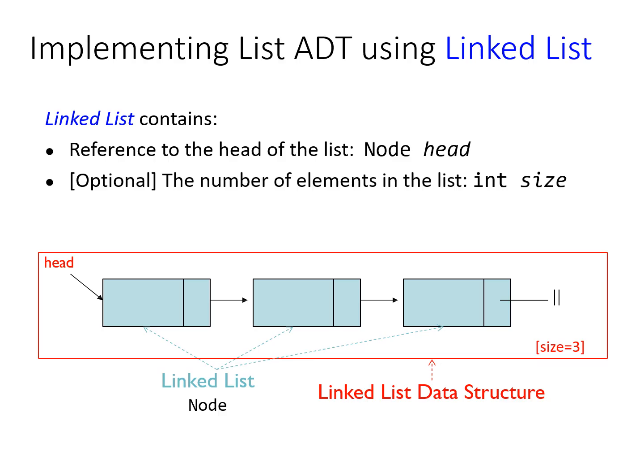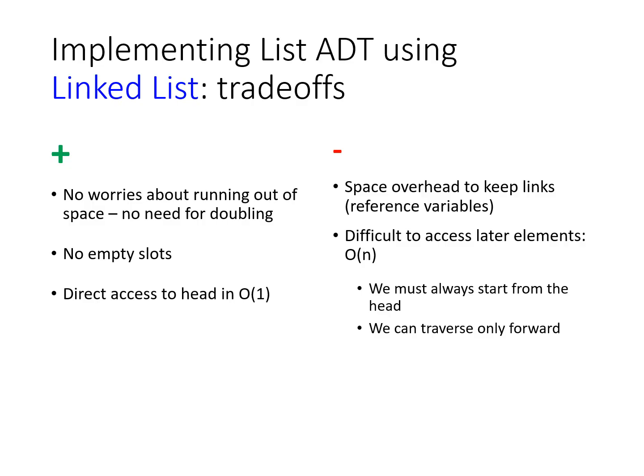If we implement the list ADT using a linked list, all we need to know is the reference to the head of the list, stored in a variable head, and we can also optionally store the number of total elements in the sequence in a variable size. Okay, so what performance do we get with the linked list implementation?